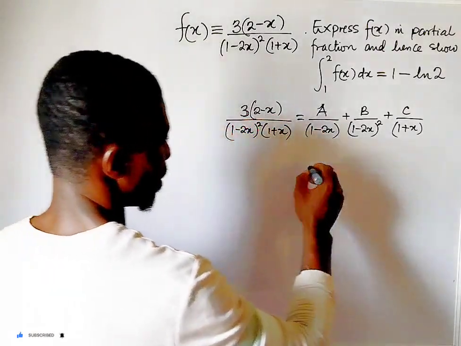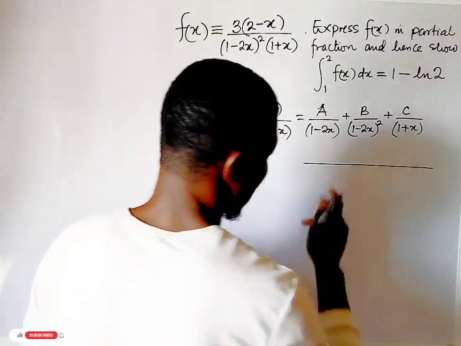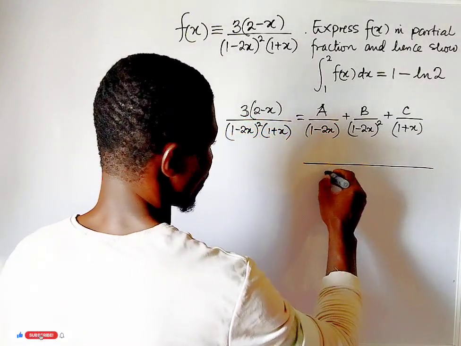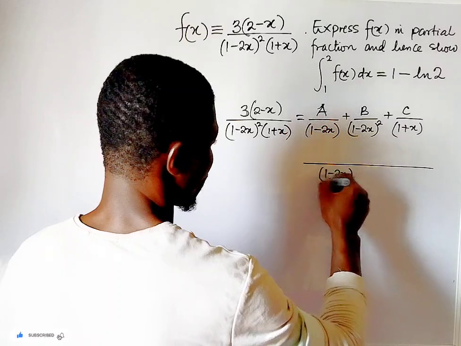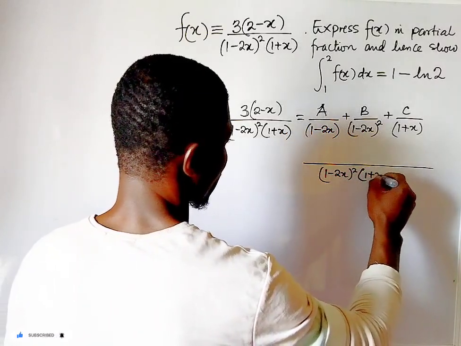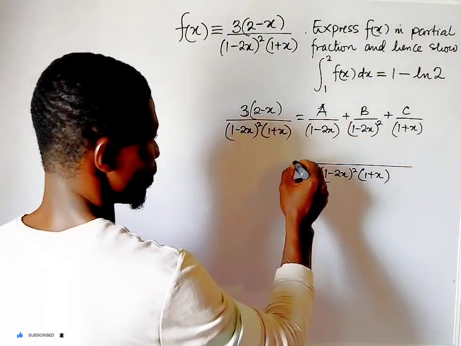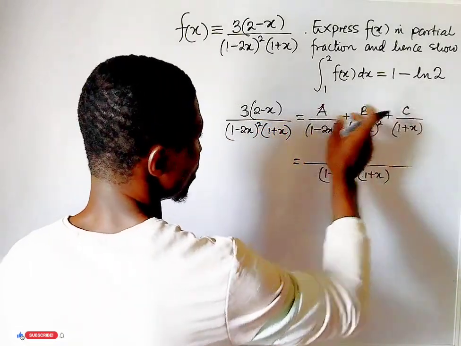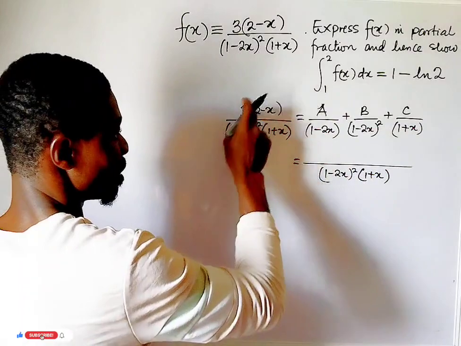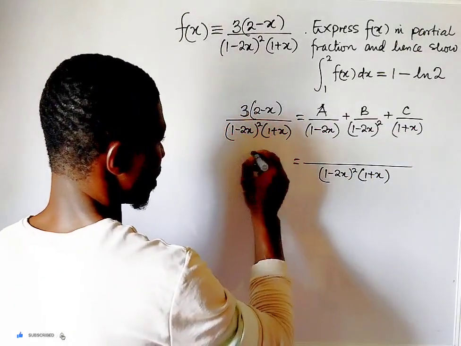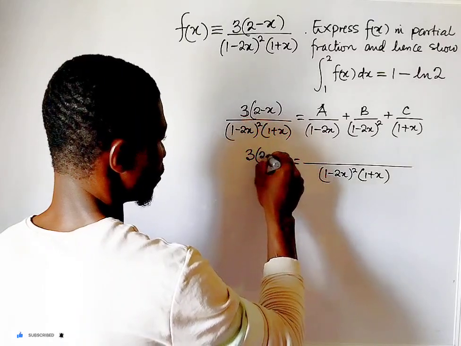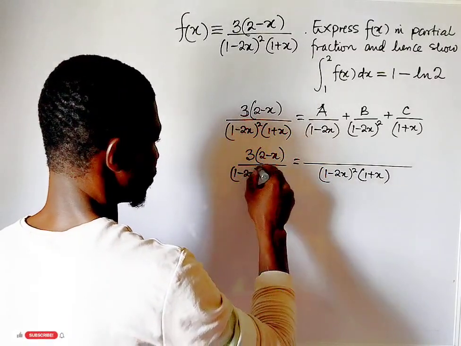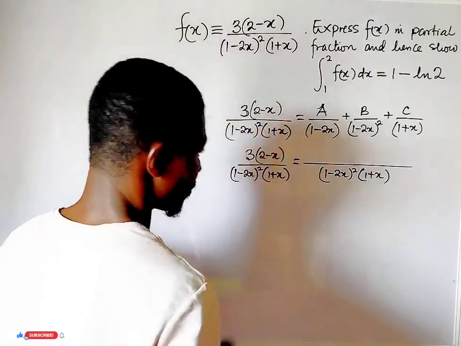So here we get to have, okay, let's find the LCM, which is the same thing as the factor on the left hand side. Here we have 1 minus 2x all raised to the power of 2, then into 1 plus x, okay? So we're actually looking for the equivalent of the numerator that aligns with 3 into 2 minus x. So here we have 3 into 2 minus x all over 1 minus 2x all raised to the power of 2 into 1 plus x, okay?